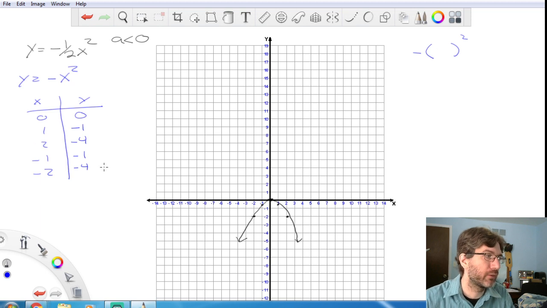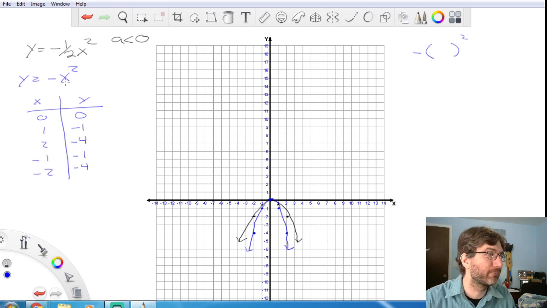And then we can plot those. So we have our origin again. We have 1 and -1. And we have 2 and -4. And again, you have your symmetry going with it, which could help you graph pretty easily. And you should see this shape coming out, and you get your parabola going that way.